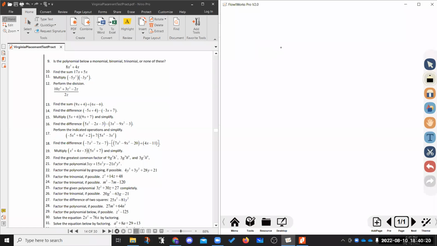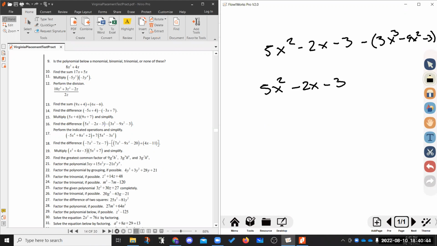Let's find the difference now of 5x squared minus 2x minus 3, minus the quantity 3x to the third minus 9x squared minus 3. So I'm going to start lining things up vertically. I'm going to do this as an addition problem.